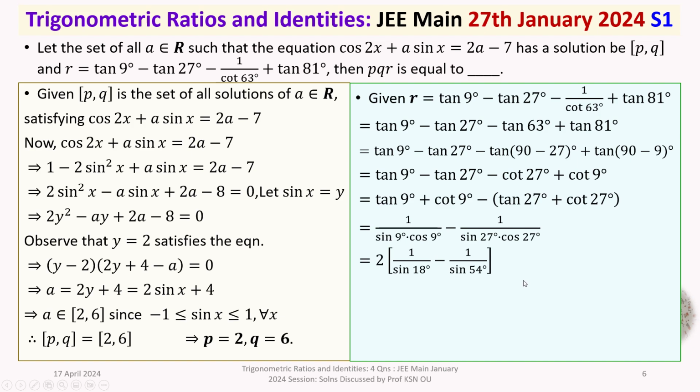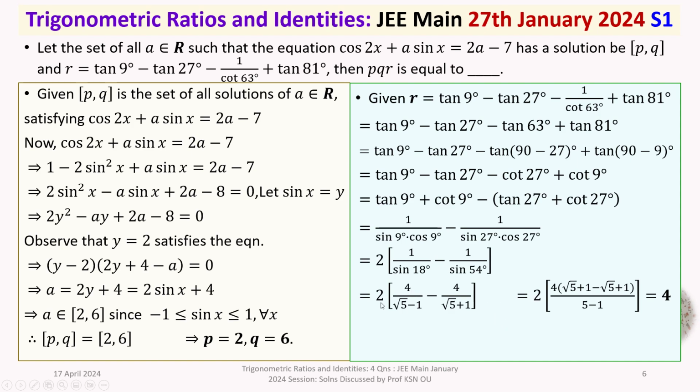We remember the value of sine 18 degrees and the value of sine 54 degrees. The value of sine 18 degrees is root 5 minus 1 by 4 and the value of sine 54 is root 5 plus 1 by 4. So writing 1 by, you will get this one.